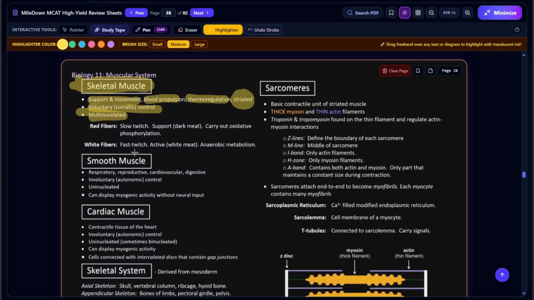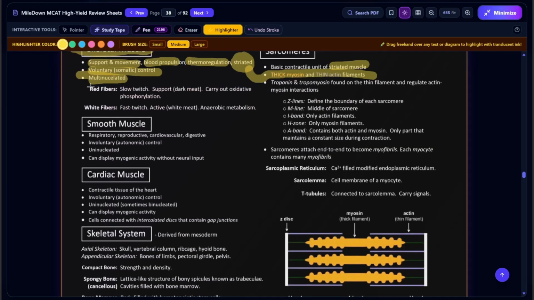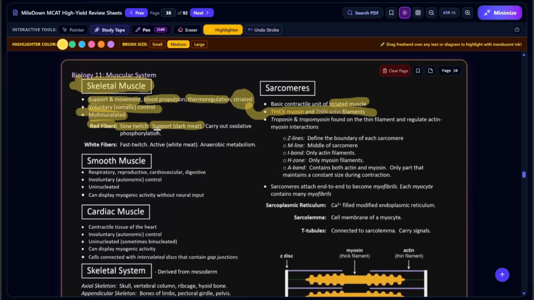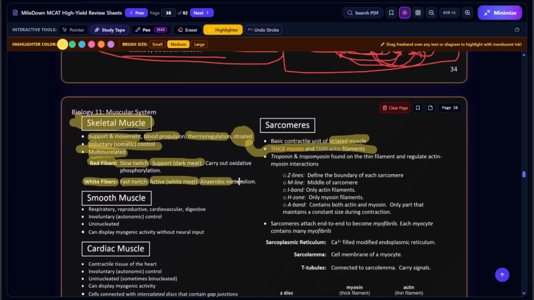So why are they striated? It's because they have two types of filaments, thick and thin, and that's why you get striated muscles, which we'll talk about later. Red fibers are slow twitch muscles, and they're for support. The white fibers are fast twitch, so they're for anaerobic metabolism, whereas the red fibers carry out oxidative phosphorylation.